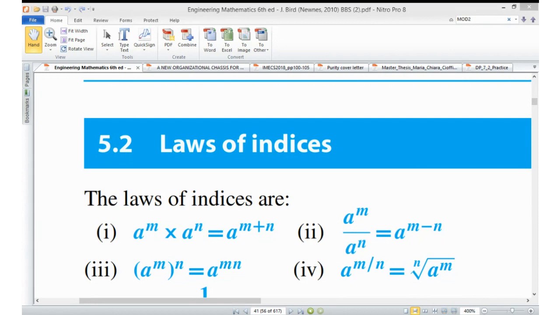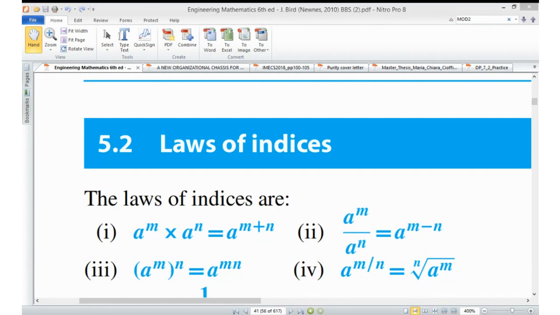So we can multiply the powers and still raise the same base to that product. So a raised to power m in brackets raised to power n can as well be represented as a raised to power m multiplied by n. So number 3 we'll always call expansion of powers.